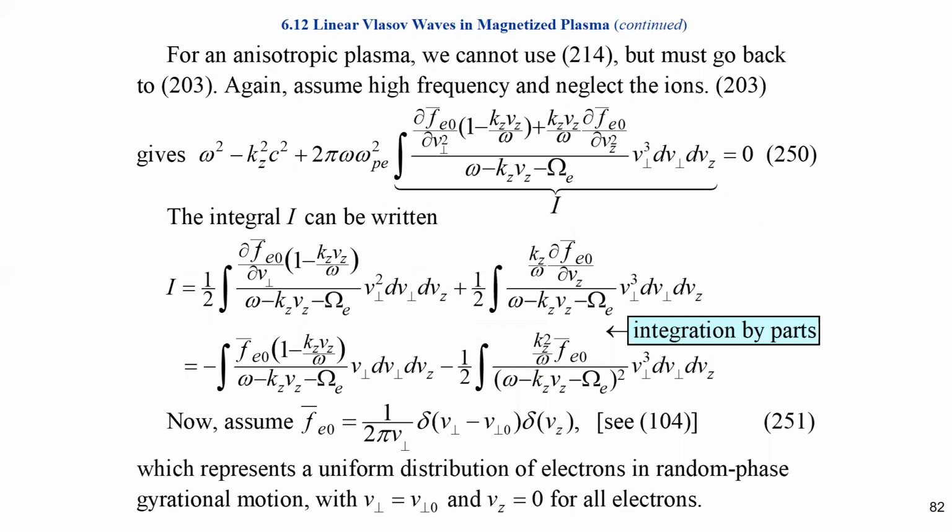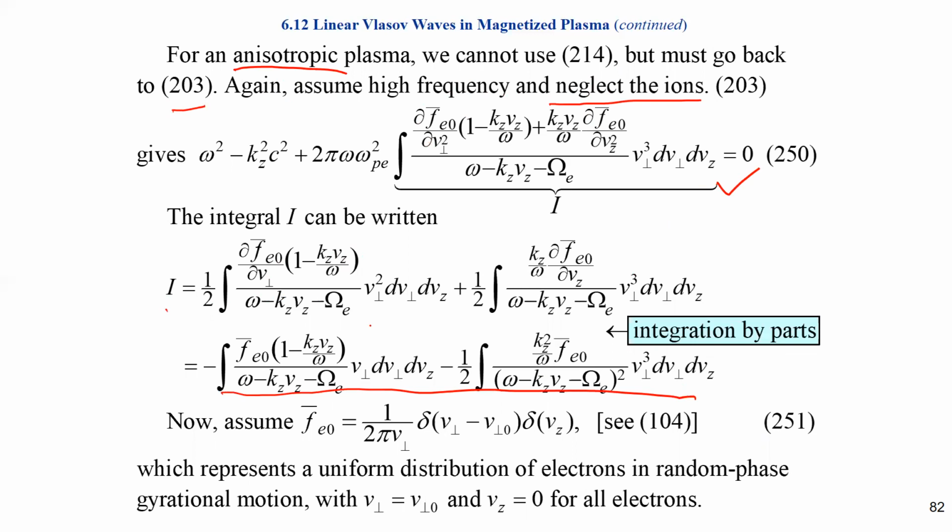For an anisotropic plasma, 不均相的, we cannot use equation 214, but must go back to 203. Again, assume high frequency and neglect the ion. So we have 250. The integral I can be written in this form.